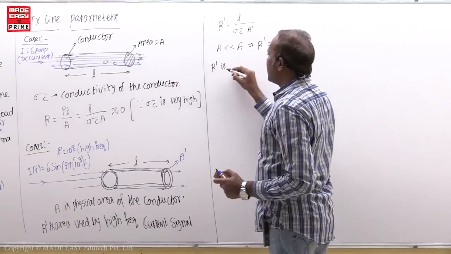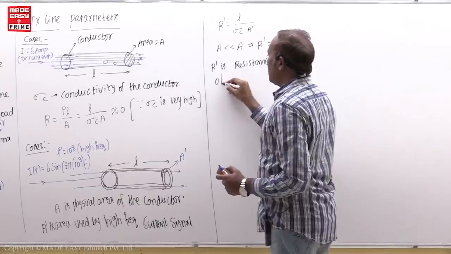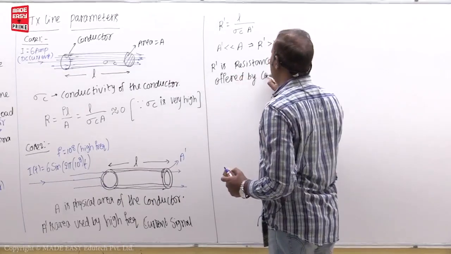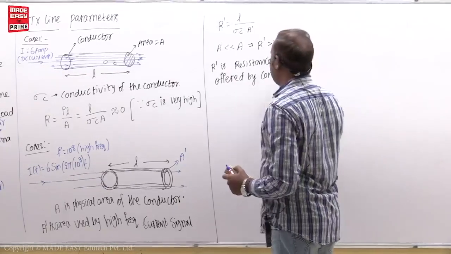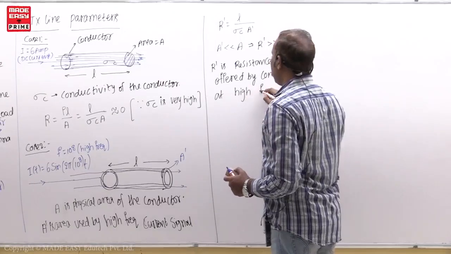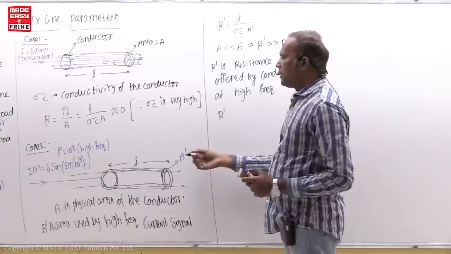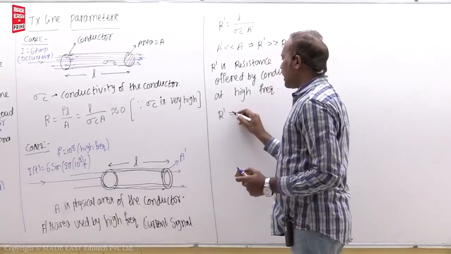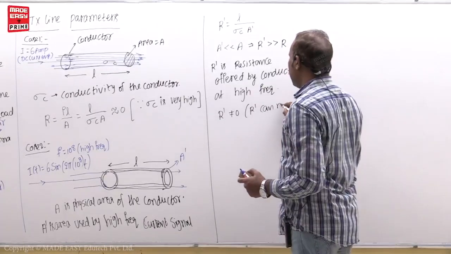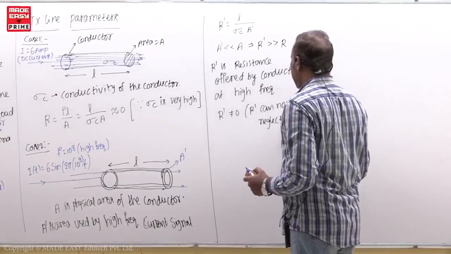So R dash is the resistance offered by the conductor at high frequency. R dash is not approximately 0, so R dash cannot be neglected, dear students.